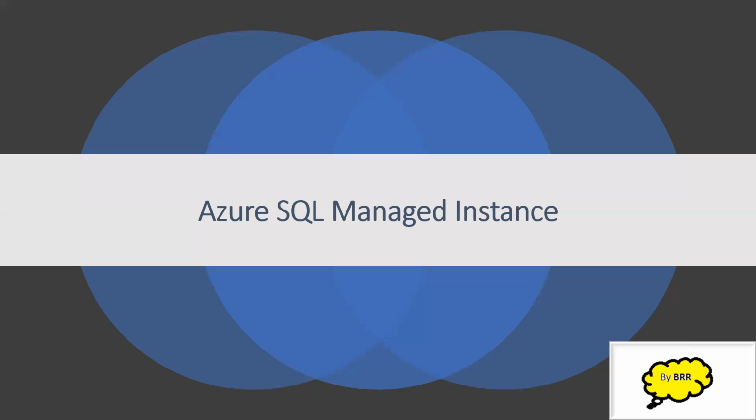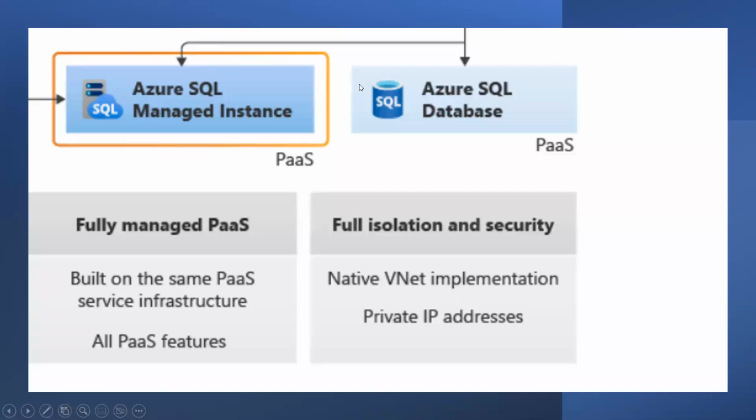If we look at the diagram here and talk about Azure SQL managed instance, SQL managed instance is a PaaS service and SQL databases is also a PaaS service. Both are PaaS services.